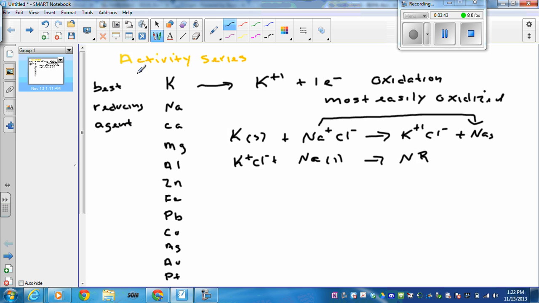We're also going to learn that this activity series is kind of a prelude to what happens when we start talking about making batteries. We're going to be able to get the idea that electrons are going to be able to flow from one material to another. And based on the location on this chart, we might think about electrons flowing from potassium to anything that's down below it.